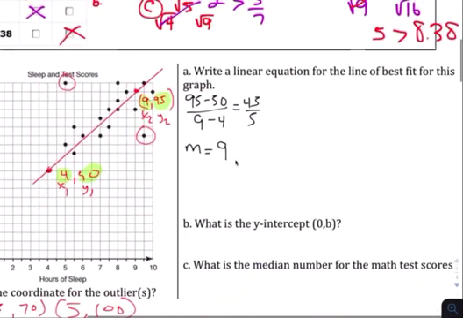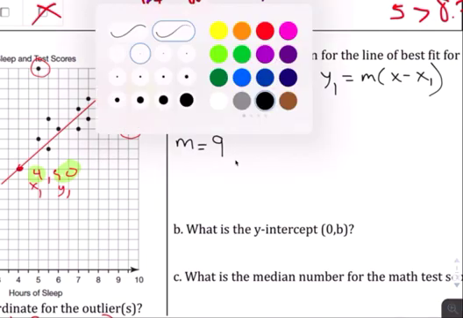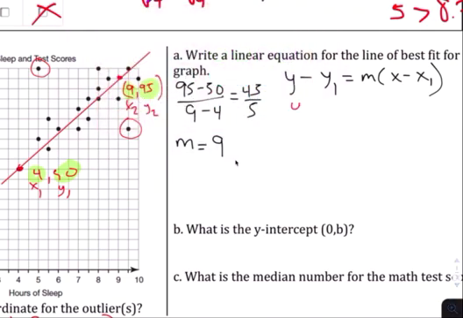Point slope after that, you use y minus y sub 1 equals m parentheses x minus x sub 1. So y minus y sub 1, which is 50, equals m, which is 9, parentheses x minus x sub 1, which is 4.